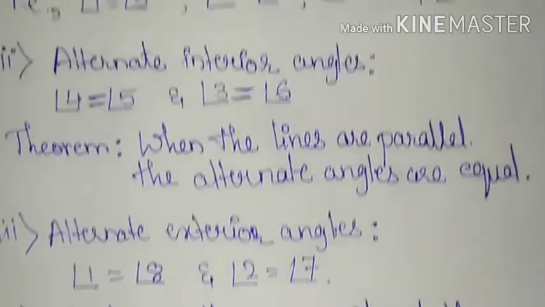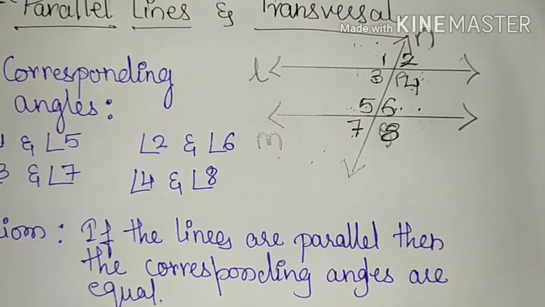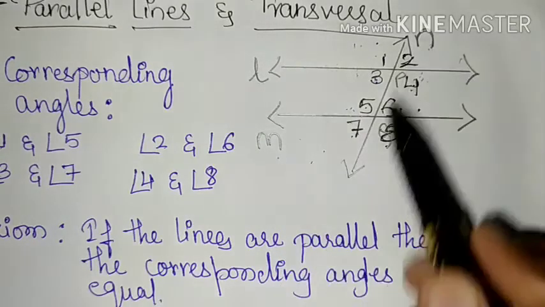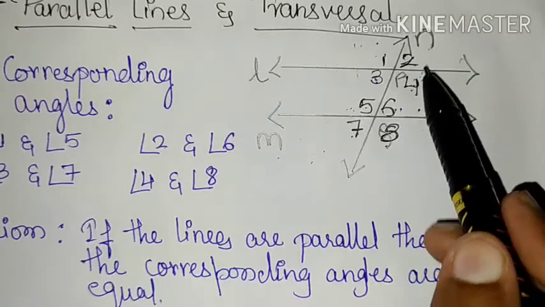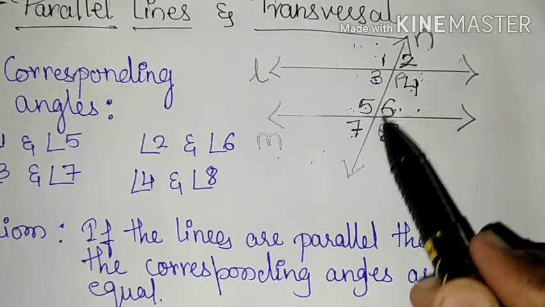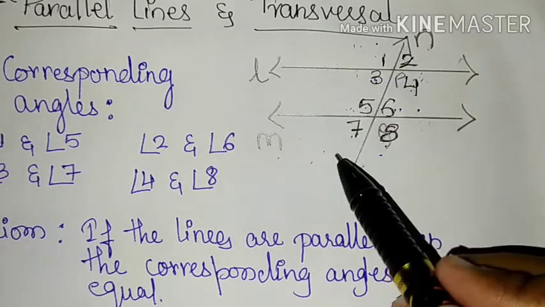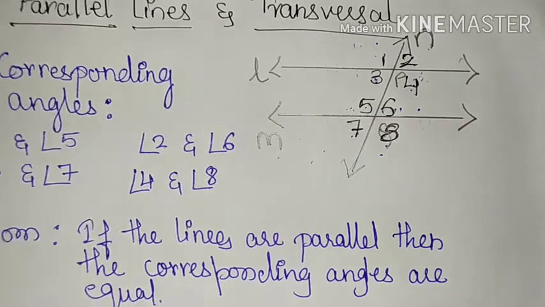Now if you look at the figure, L and M are parallel lines. L is parallel to M and N is the transversal. Now from this figure, the angles which lie on the same side of the transversal, that is either on the right side or on the left side, are the angles on the same side of the transversal.